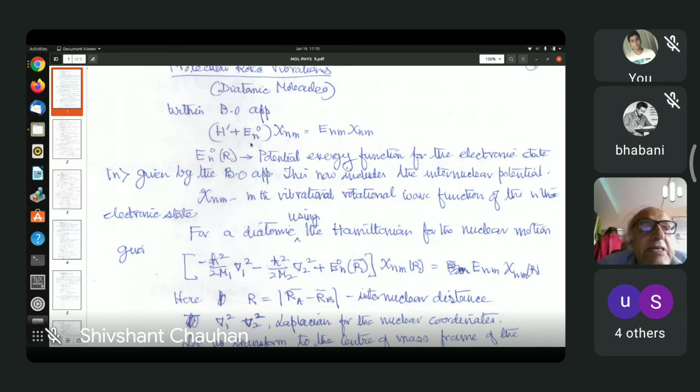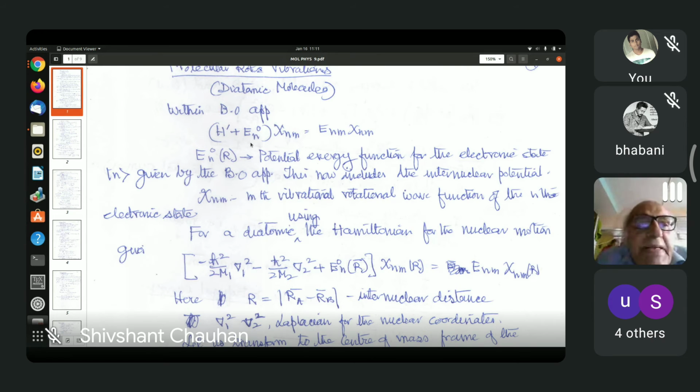Because the electronic equation was just H0 psi n equal to En psi n. That was the Born-Oppenheimer equation for the electronic structure with fixed nuclei.